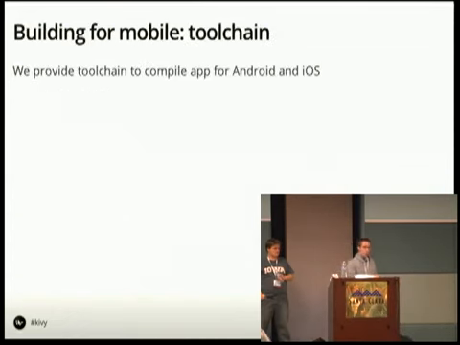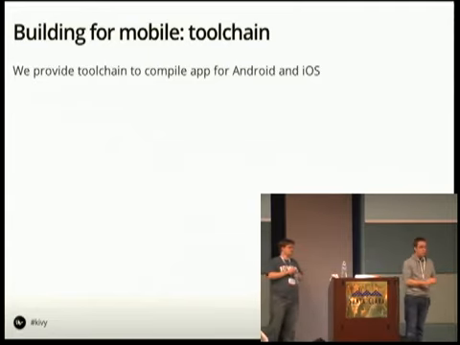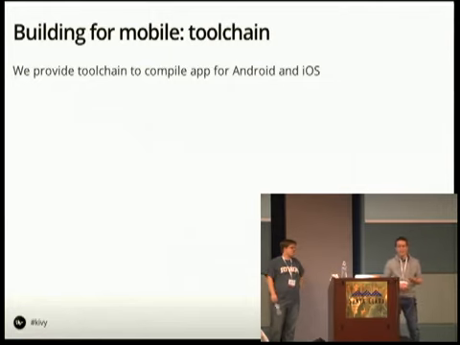So for building, you can today write your Python application and run it on desktop, but if you want to run Python on Android and iOS, it means you need to have the Python interpreter on it. It's not the same architecture, so you need to cross-compile Python and also all the sub-libraries, like SDL, LXML, SQLite, etc. And it's kind of complex if you want to do it yourself.